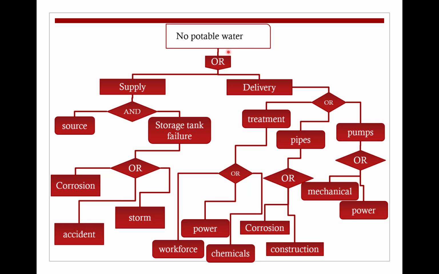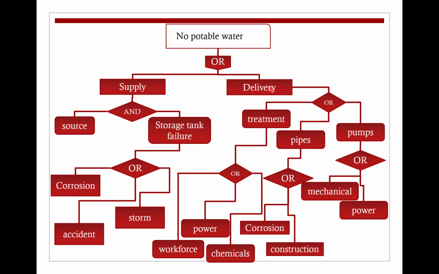The only way that could occur is if our supply has been compromised or we're not able to deliver from the supply to the customers. So how could the supply be compromised? Well, in order for the supply to be compromised, the source would have to be compromised and the storage that we had would have to be compromised. So both of those things have to occur in order for us to lose our supply to the customer.